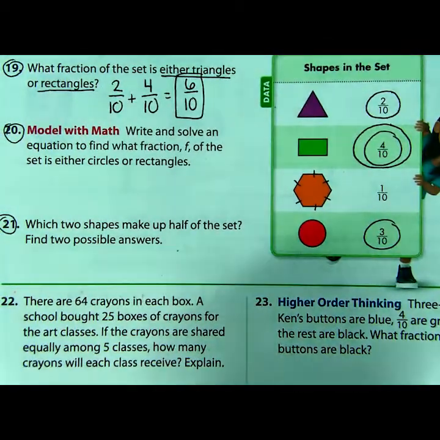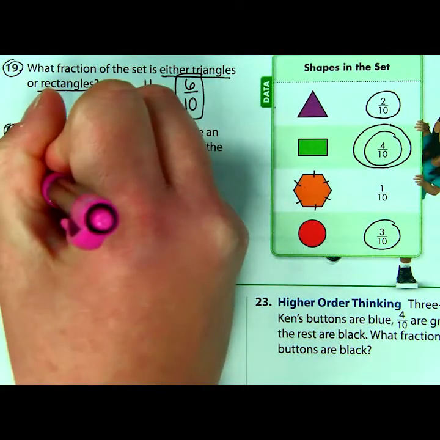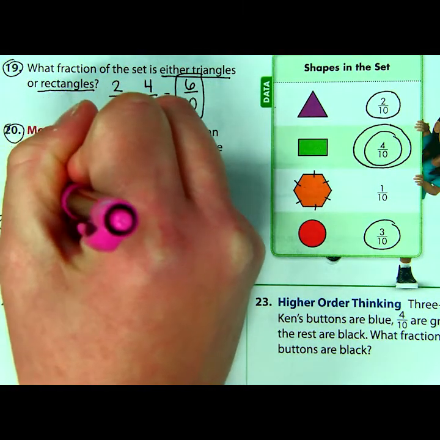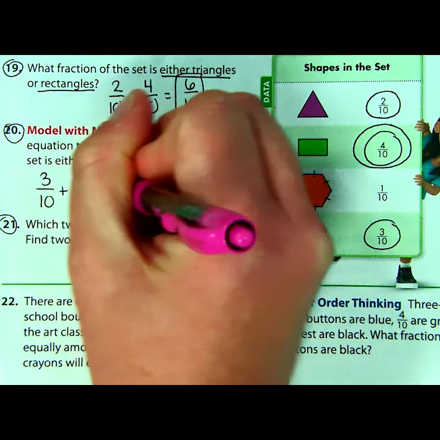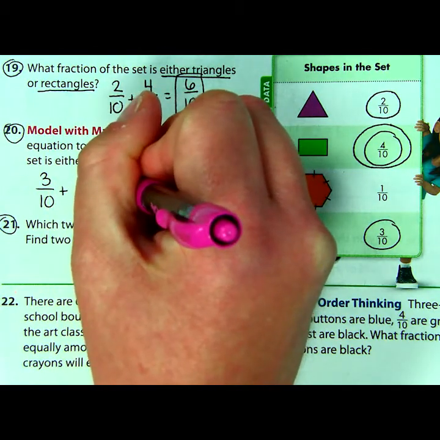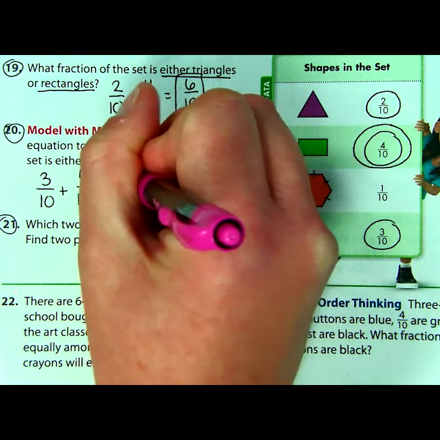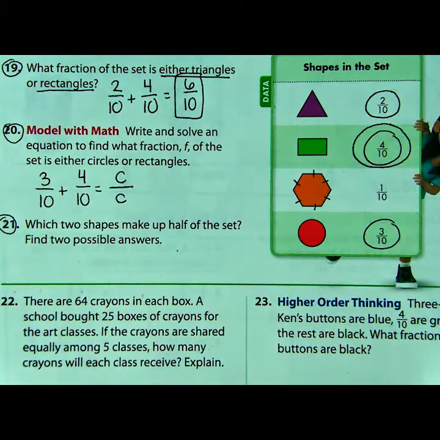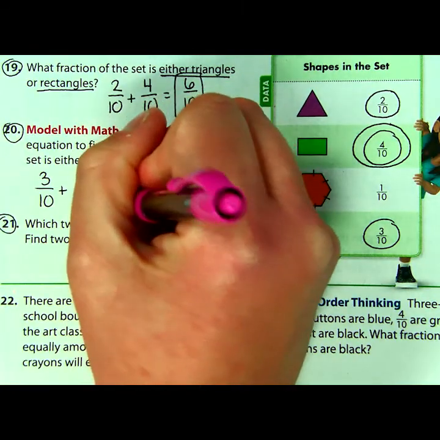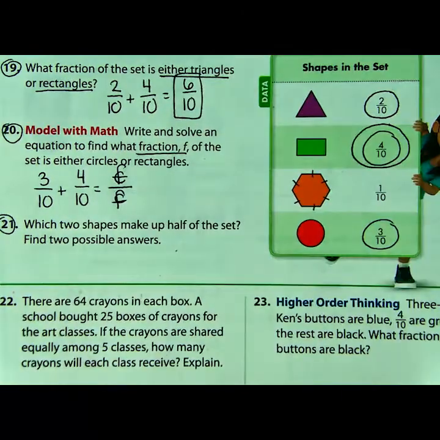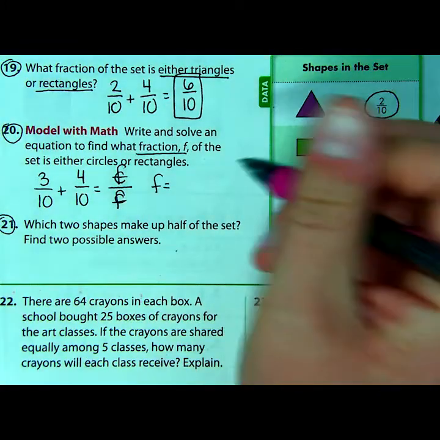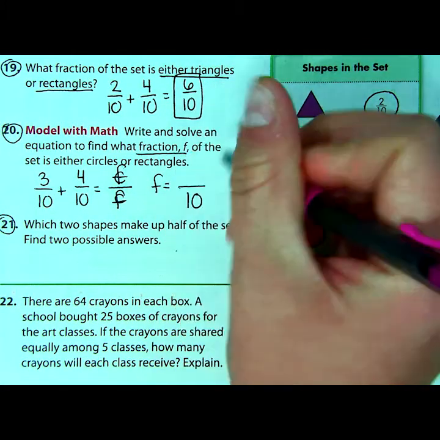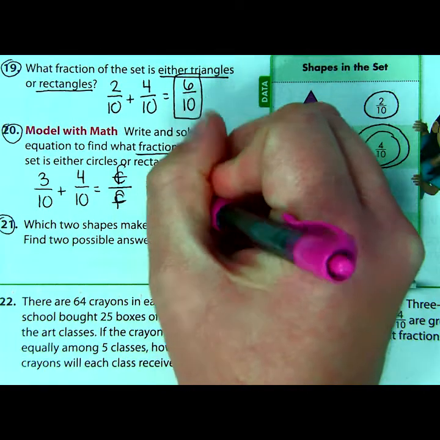So if we're going to write an equation, it might look something like 3/10 plus 4/10 is equal to C over... I don't know, I just picked a letter. Oh, F. They wanted you to use F. Sorry. So F is going to be equal to, we know the denominator does not change, it's tenths, and 3 plus 4 is 7. 7 tenths.